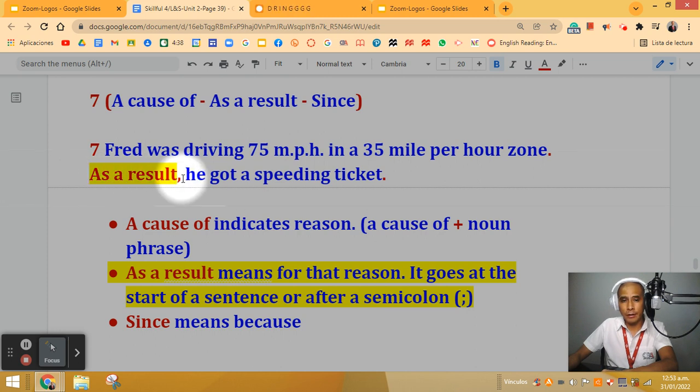Then we have a comma, and then we have subject, verb, and complement. Here we have a clause. So in this case, the rule applies. What about the third? The third, since, means because. So in this case, does not apply to the context that we have in exercise number 7.